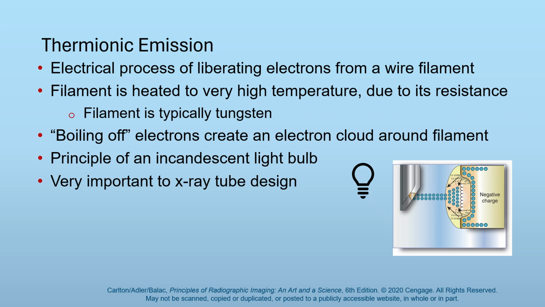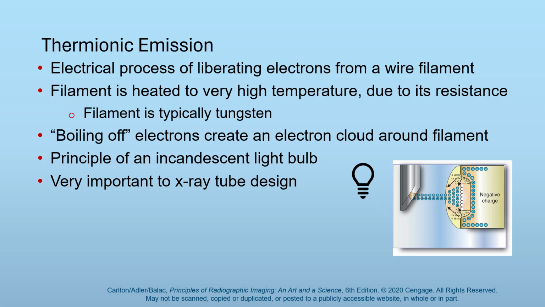Now, thermionic emission, I'll be coming back to. They mentioned this in chapter 4, but I think it belongs in chapter 5, the X-ray tube. The whole point of the filament circuit is, remember, it's got the step down transformer, so the voltage is decreasing and the current changes inversely, so it's increasing.